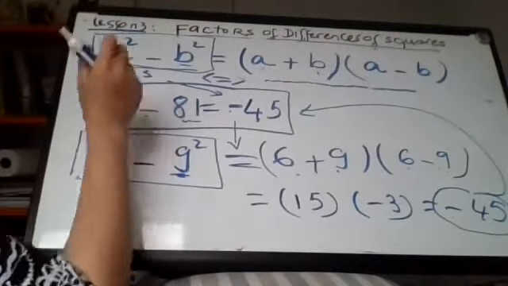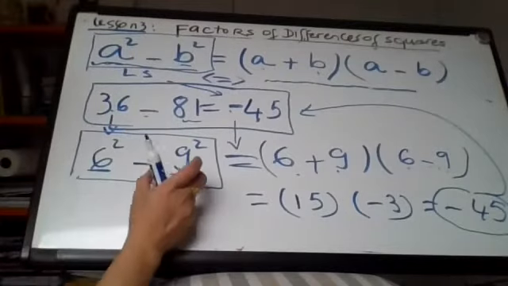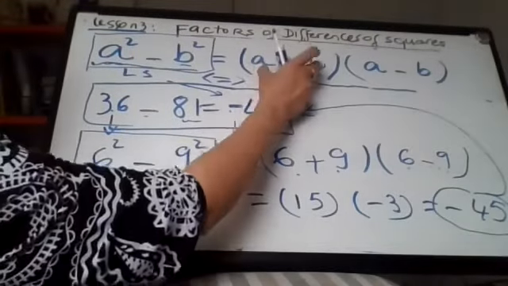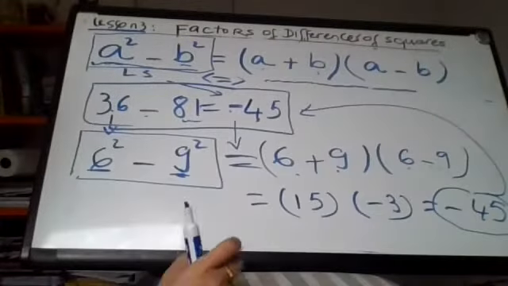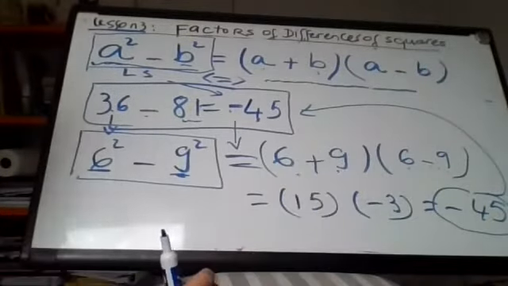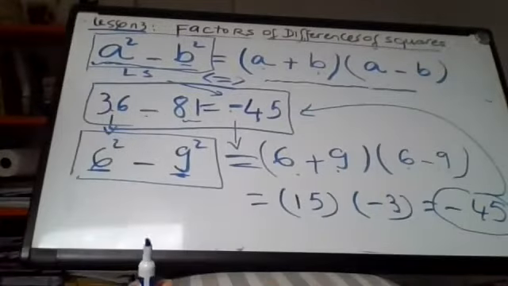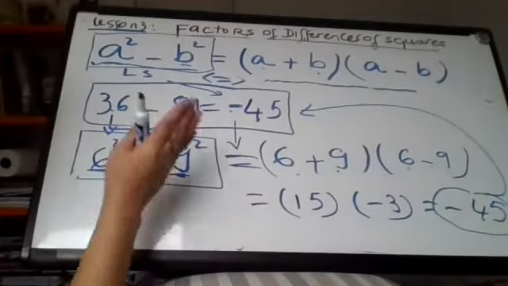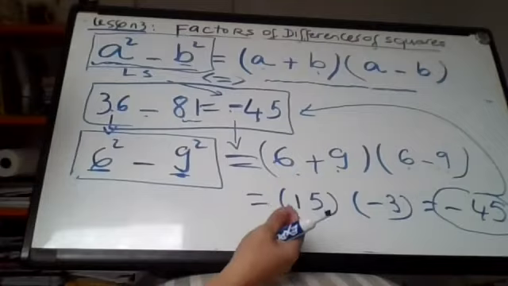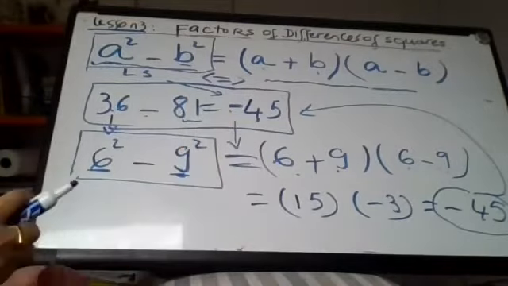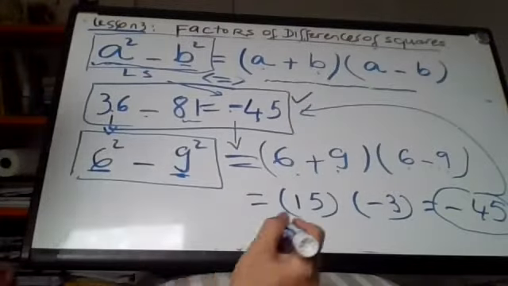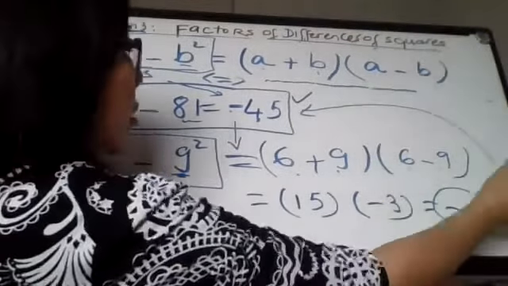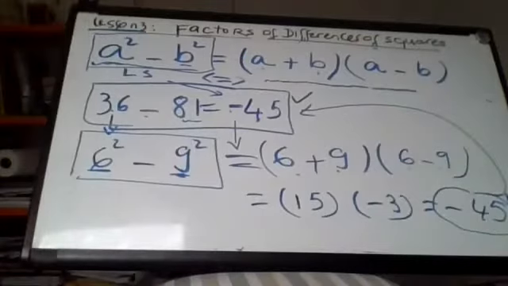A square minus b square, 6 square minus 9 square, equals a plus b times a minus b, equals 6 plus 9 times 6 minus 9. Because it is a number, I work it out and it is proven that the left side equals minus 45, the same as the right side equals minus 45.